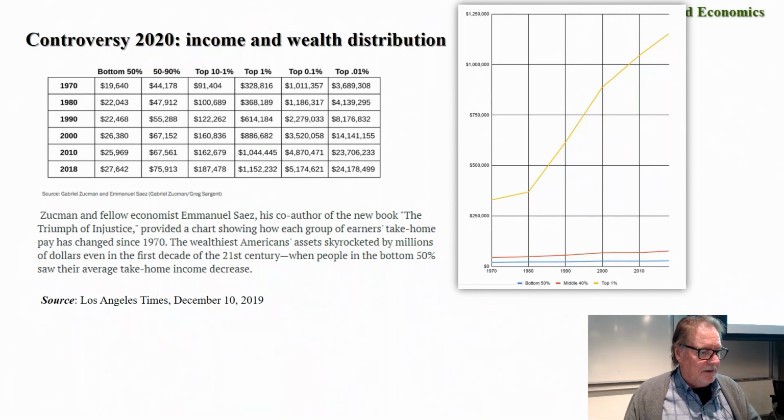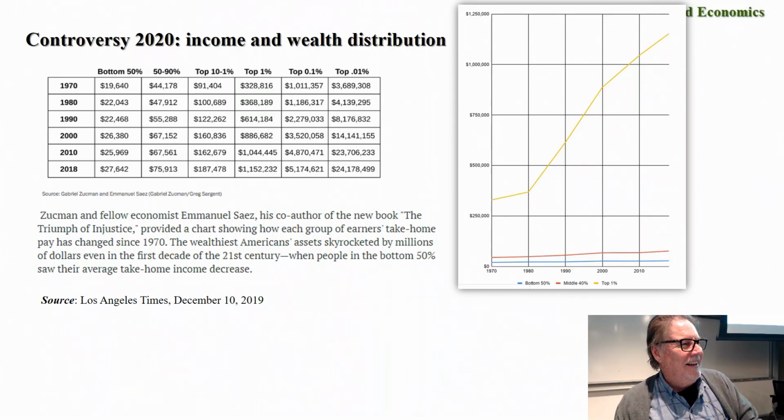But when we get to the top 1%, they increased fourfold. When you get to the top 1/10 of 1%, they increased fivefold. And then when you get to the top 1% of 1%, they increased eightfold. And so that's the orange line. And the 50 to 90%, the sort of upper income group in the United States, is the red line.